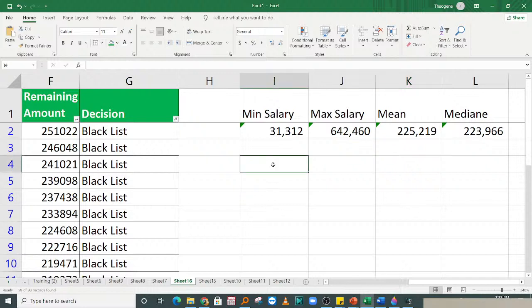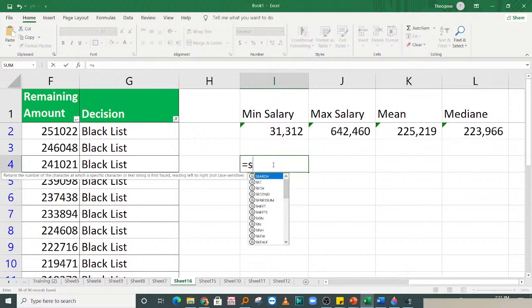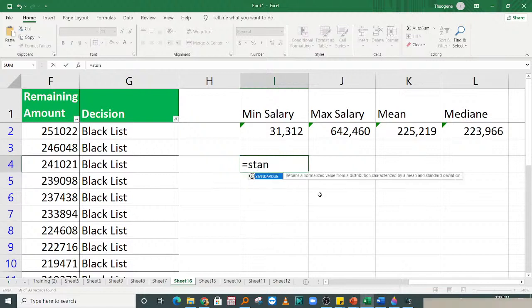So what we call, so standardize. Okay, before I even move to standard deviation, let me calculate the variance sample.